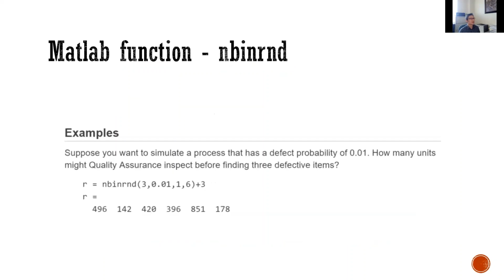And in this documentation, they also provide an example, showing how you use this function to generate random numbers of the output. In this example, they say, suppose you want to simulate a process that has a defect probability of 0.01. This is 1% defect probability, so this is the P parameter here.